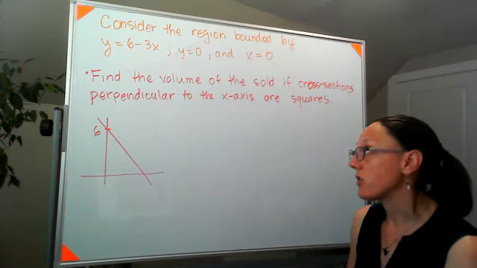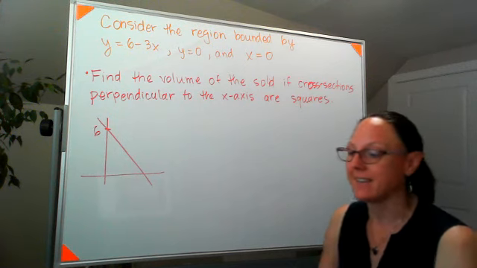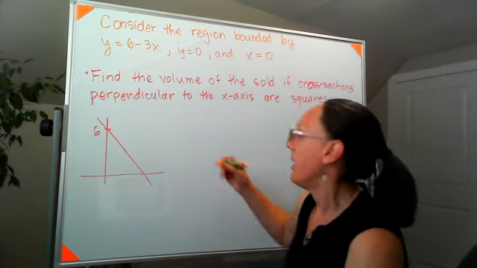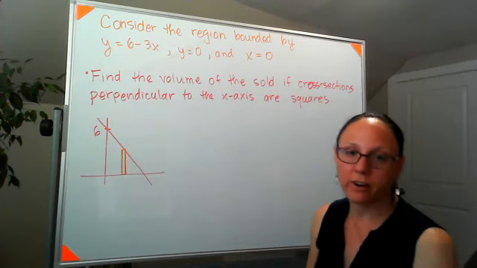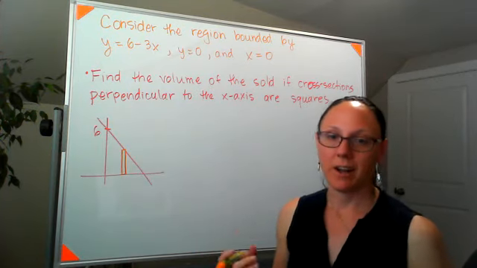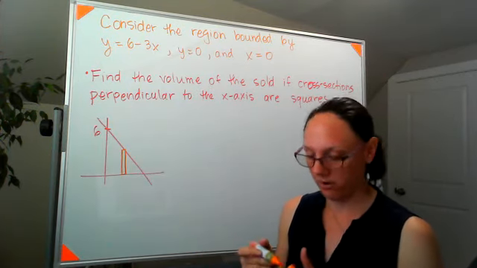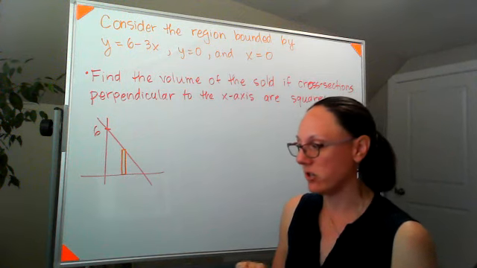If my cross sections are perpendicular to the x-axis, then on my picture I'm going to draw in that arbitrary one. Now we've established that I don't draw well in three dimensions, and I don't need to.